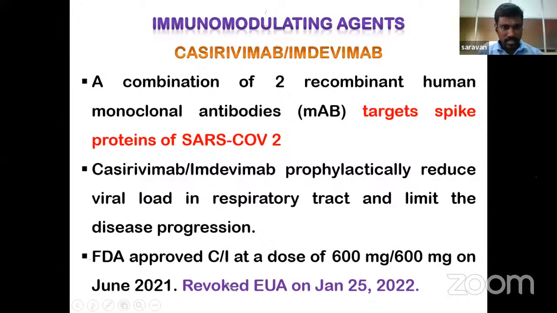And day before yesterday, the US FDA revoked the usage of casirivimab and indevimab for the management of COVID-19 infection, because it did not show any promising improvement in individuals. But other countries like the UK are still continuing to use casirivimab and indevimab for the management of COVID-19 infection.